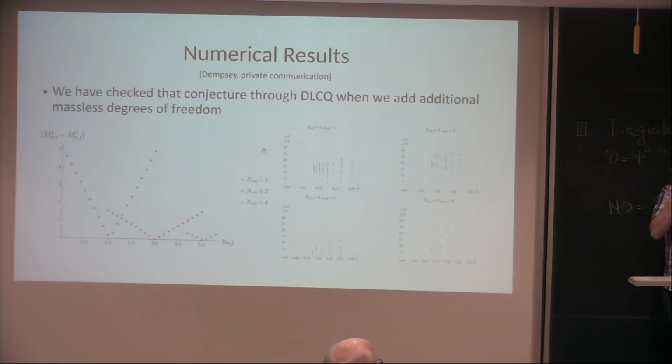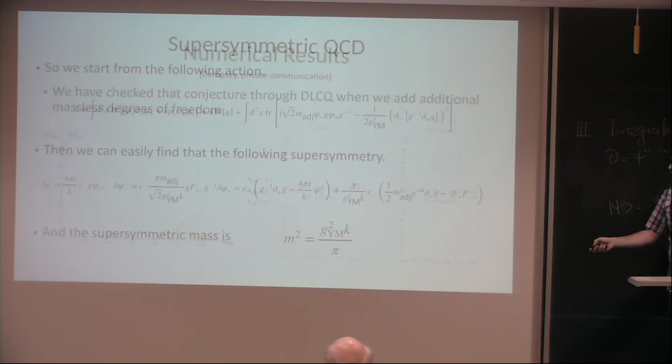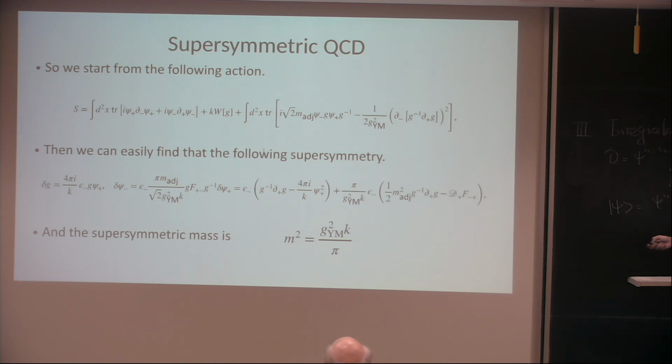And you can ask Ross to diagonalize this Hamiltonian, and he will be very happy to do that. For instance, you can add massless fermions in the adjoint representation, add one or two, and see that indeed we again have a supersymmetric point, but it gets shifted precisely by this formula.